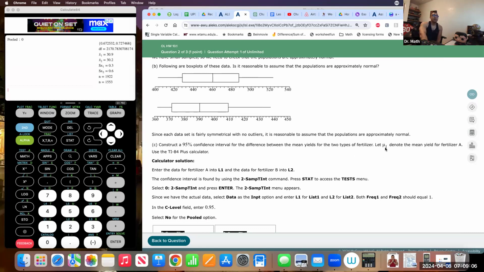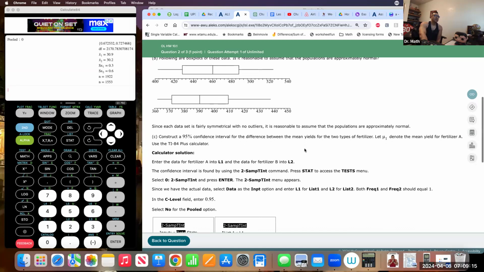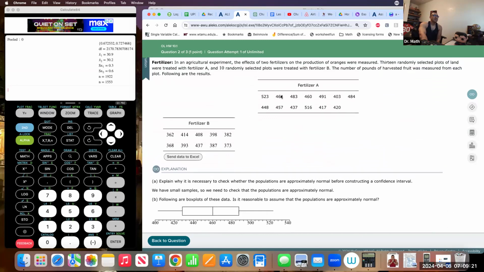So let mu1 denote the mean for fertilizer A. Since they said mu1 represents the mean yield for fertilizer A, I would take this list and, just for me personally, put it in L1, and then fertilizer B, these data points I'll put in L2.